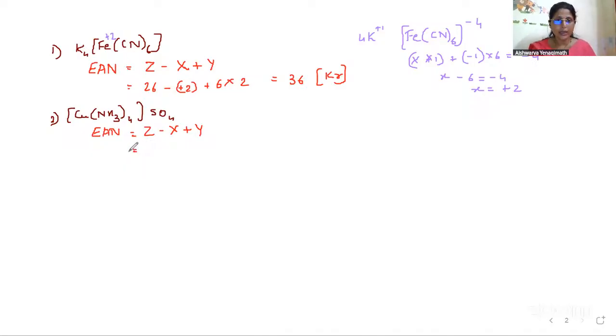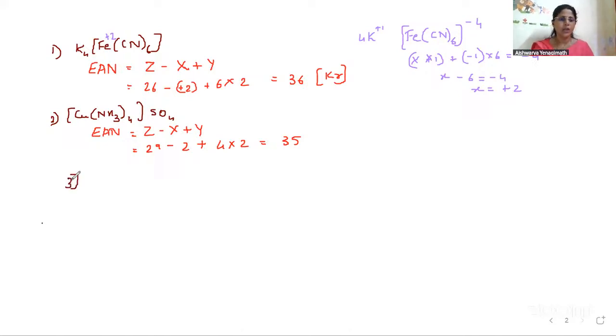It is 29. 29 minus what is X? Calculate it. You will get X as plus 2. Plus what is Y? NH3. So how many are there? 4 into 2. How much do you get? You will get 35, the nearest noble gas value. So this is how we do it.